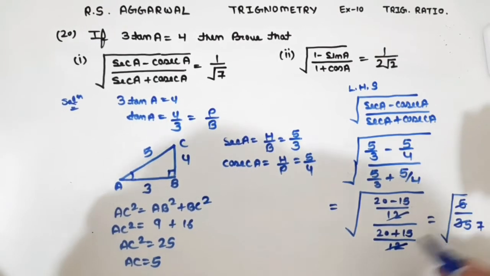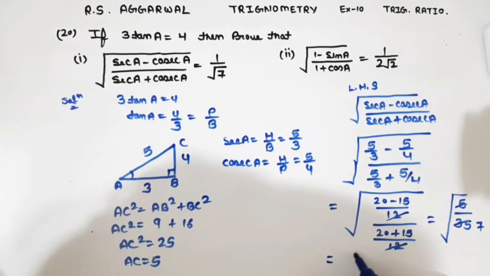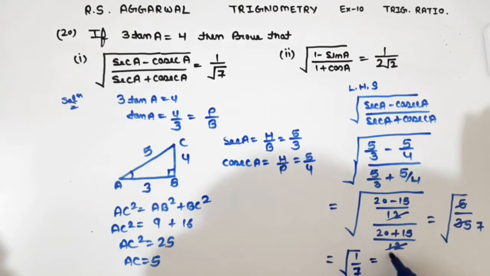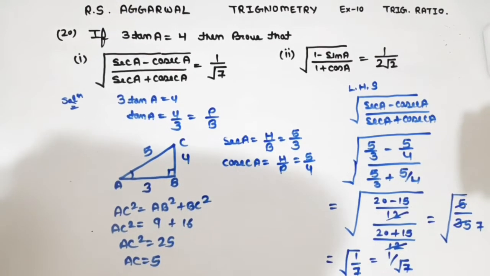This will be cancelled out 7 times, so that is under root 1 upon 7. It can be written as 1 upon root 7, hence proved.